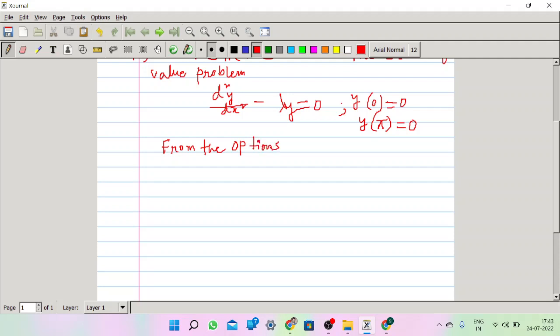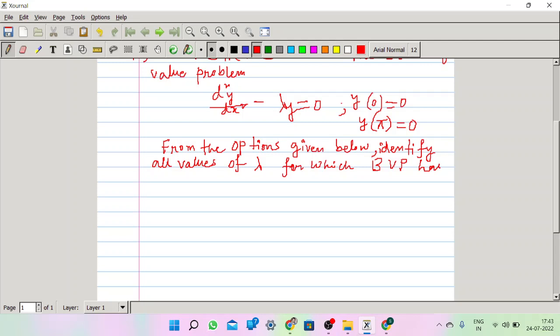From the options given below that I will write now, identify all values of lambda for which the boundary value problem has a non-trivial solution.